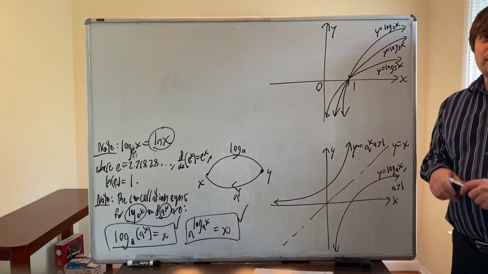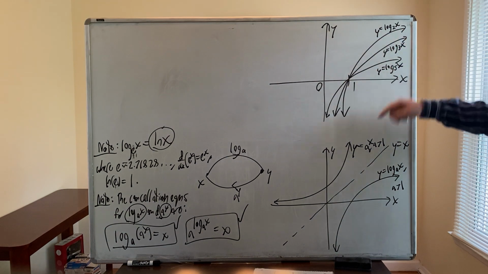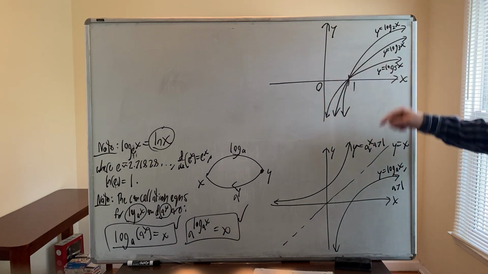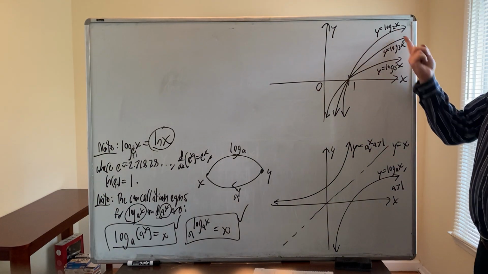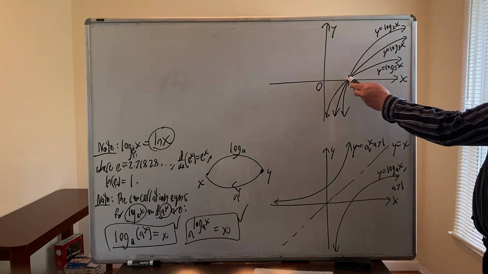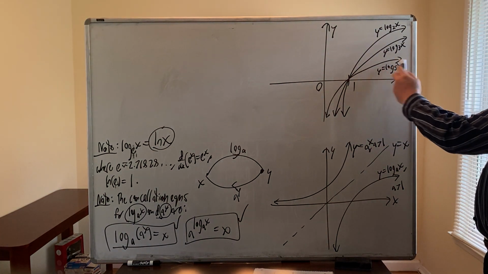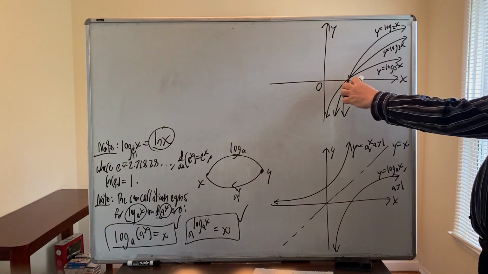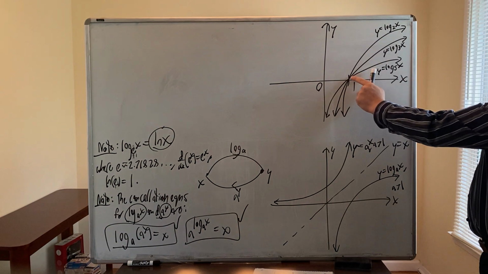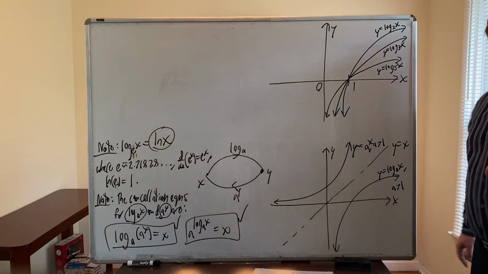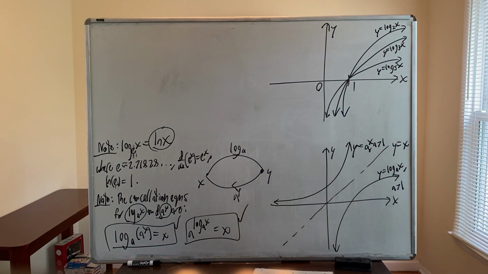So y equals log base 2 of x looks like this, log base 3 of x looks like that, and log base 5 of x kind of looks like that. As you increase the base, the graph approaches and goes closer to the x-axis here, and then it will hug the y-axis more there.